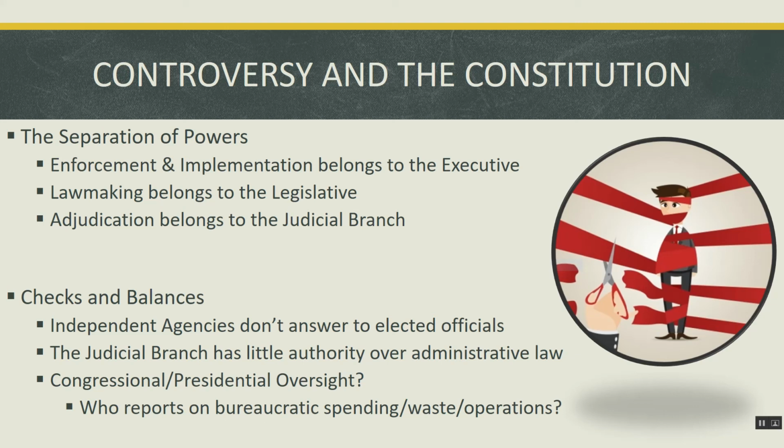But that's not how things work when we're talking about administrative laws, right? Because remember, administrative laws are created by the executive bureaucracy, and they're adjudicated by the executive bureaucracy. So if the Environmental Protection Agency creates a new law or regulation that you feel has violated your rights, and you want them to review that, you don't go to the judicial branch, generally speaking, you go to the EPA.